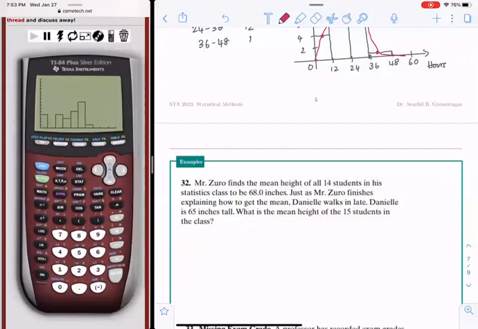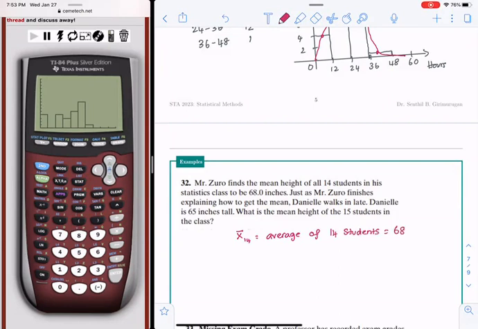So Mr. Zero finds the height of all 14 students in his statistics class, and that average happened to be 68 inches. So we'll just call the average, x bar of 14 students, is 68 inches.